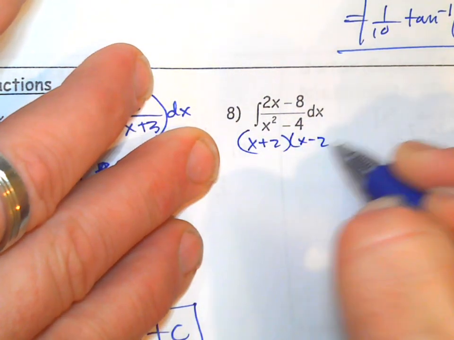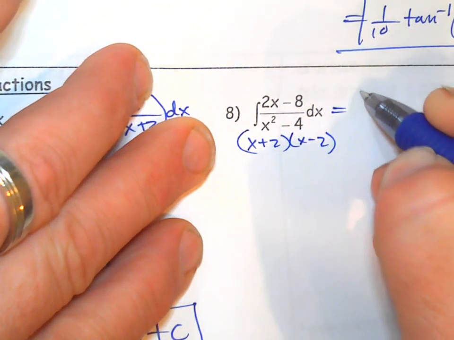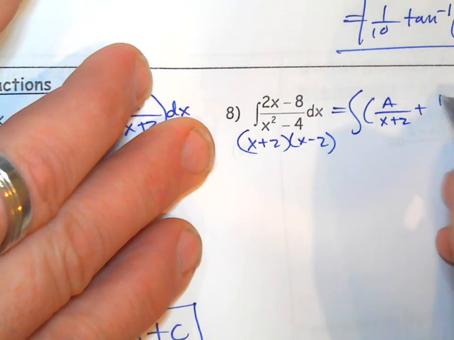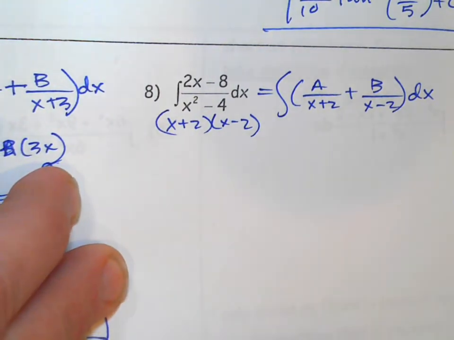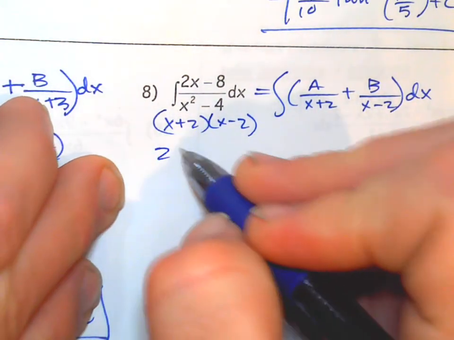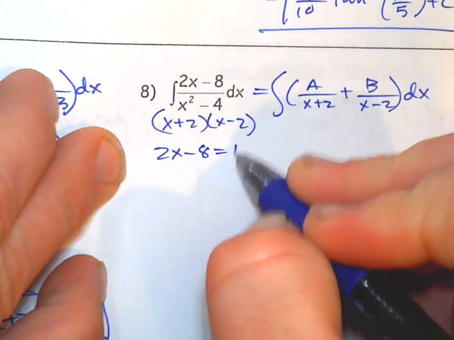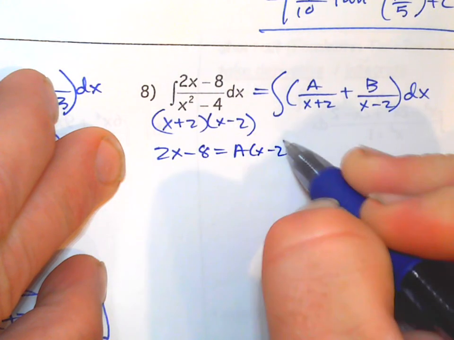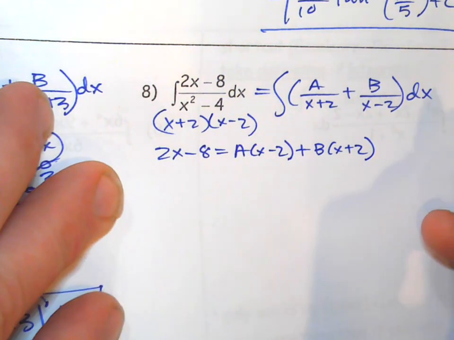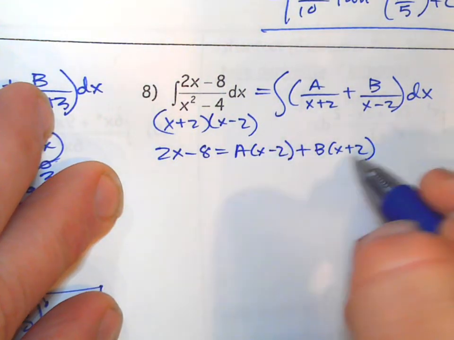Let's try partial fractions. So it's going to be a over x plus 2 plus b over x minus 2 dx. And then we're going to multiply 3 by the least common denominator. We plug negative 2 in.